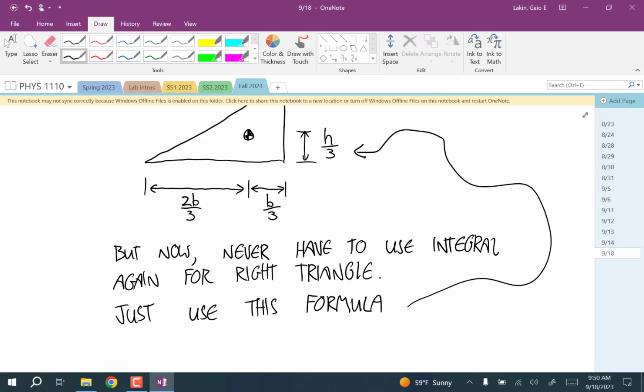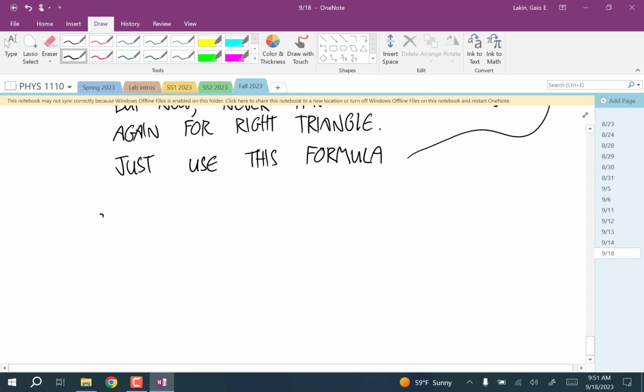And so this integral definition has to be used once, the first time somebody in the whole world wants the centroid of that shape, and never has to be used again.